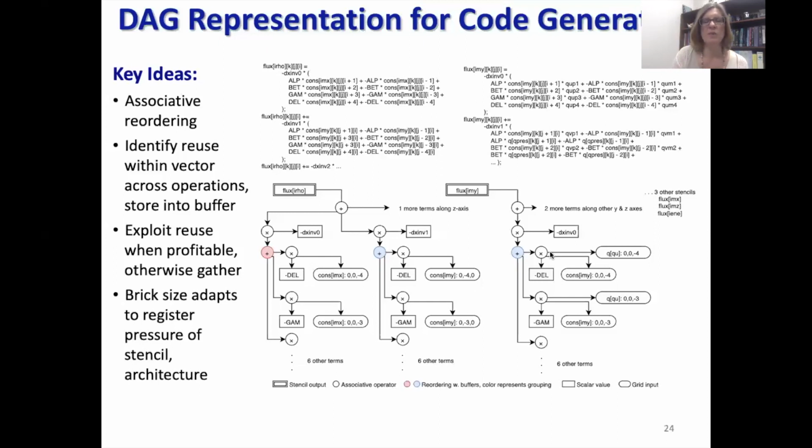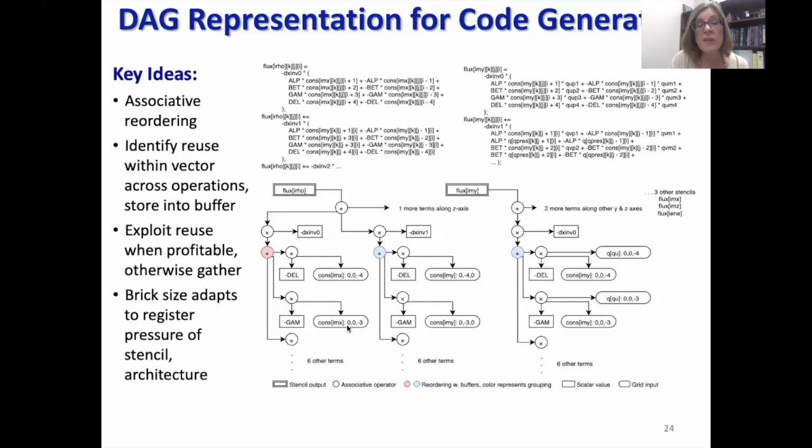So here's some examples. These blue nodes are marked as reusing data because you can see they're accessing cons I and y in both cases and multiplying it by del and gam. And here we have reuse of this cons IMX across del and gam.